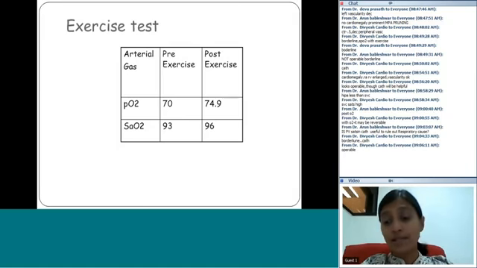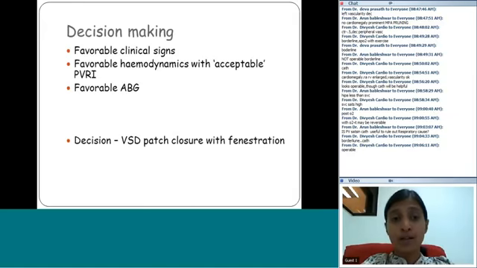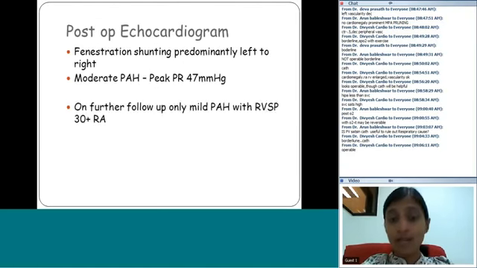So the child underwent VSD patch closure again with a fenestration, and on follow-up we found that his right ventricular systolic pressure had dropped down quite nicely, and all he had was mild pulmonary hypertension. So in this instance, it worked well. But as you can see from these three cases, decision making is extremely difficult in these patients.